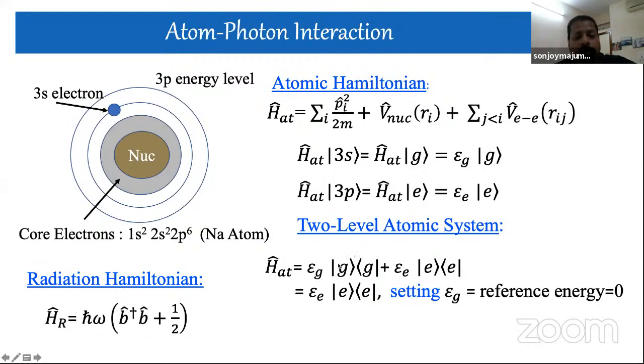Since the Hamiltonian represents the energy, if you write in terms of the ground state density, the coefficient will be nothing but your ground state energy. When you look at the excited state density, that will come with the excited state energy. So your total Hamiltonian, you can now write in terms of the density of the ground state and excited state.